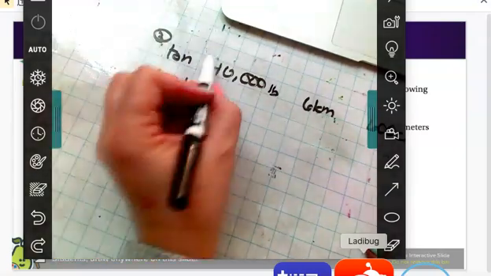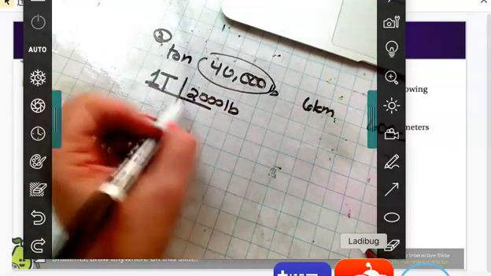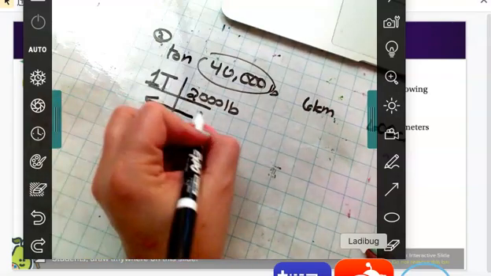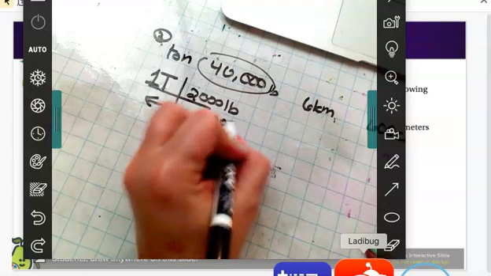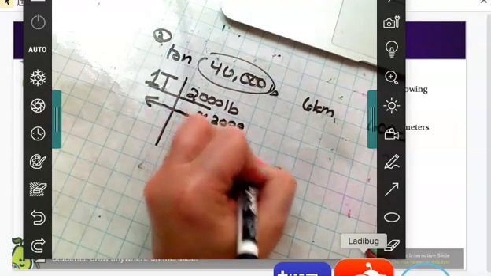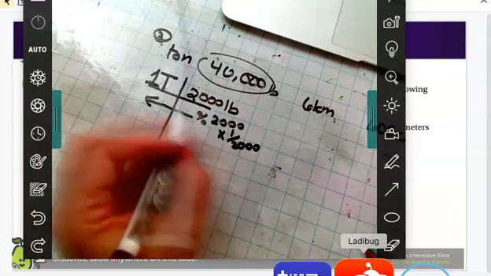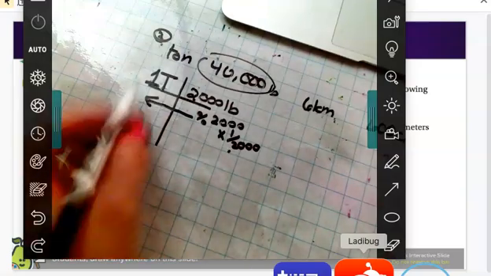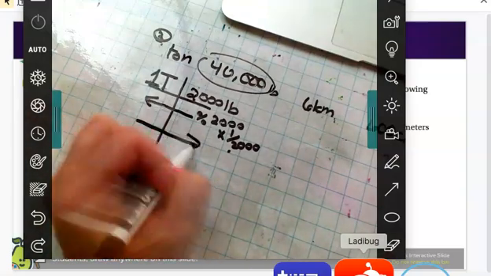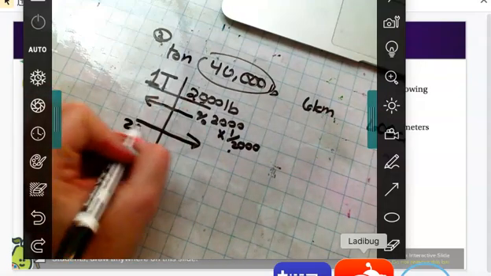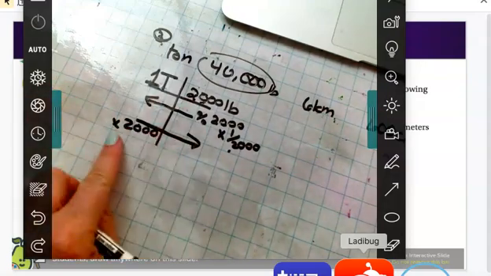To go from the larger to the smaller, I have to divide by 2,000 or multiply by 1 over 2,000. They're the same thing. If I divide by 2,000, that's the same as multiplying by the inverted one. But if I'm converting from tons to pounds, I'm multiplying by 2,000. So do that conversion chart.